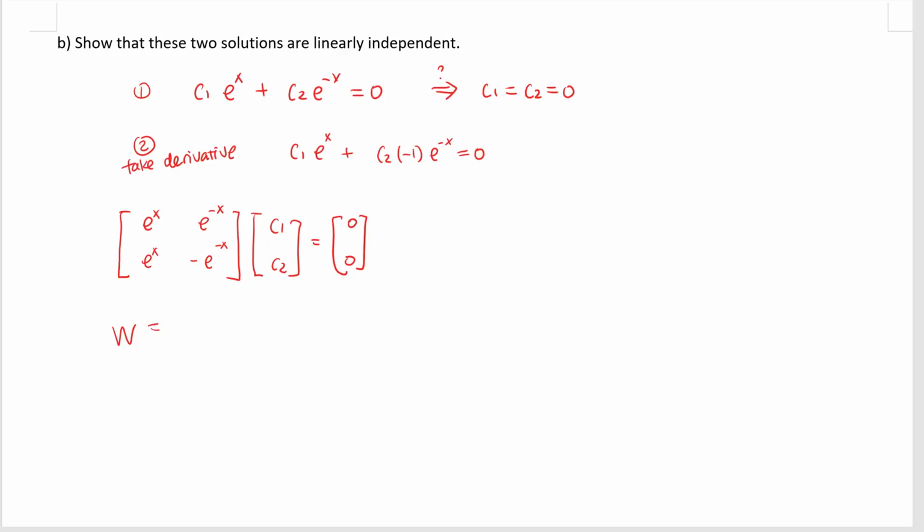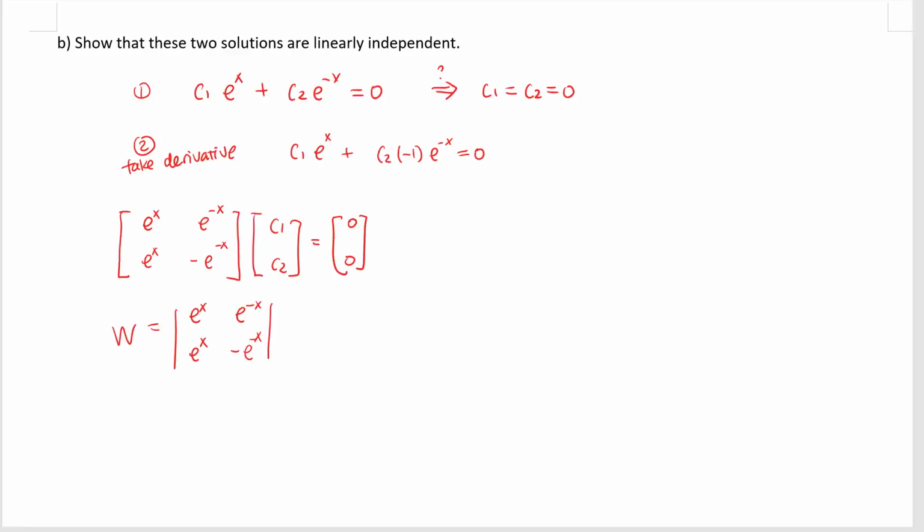What's the Wronskian? It is the determinant of this matrix. You can see the first row are the solutions, and the second row is the derivative of the solutions. The derivative of e to the x is e to the x, and the derivative of e to the minus x is minus e to the minus x.